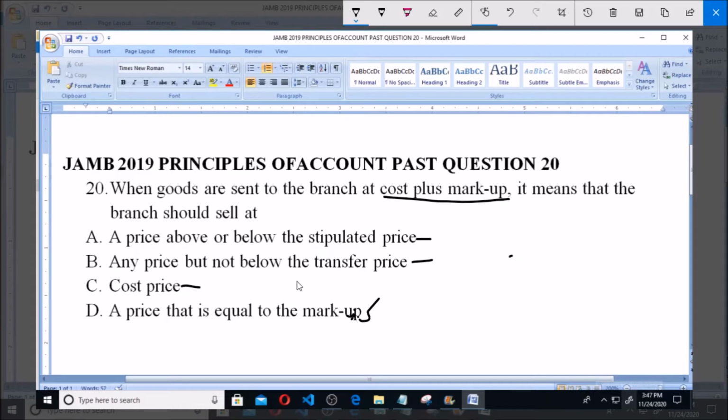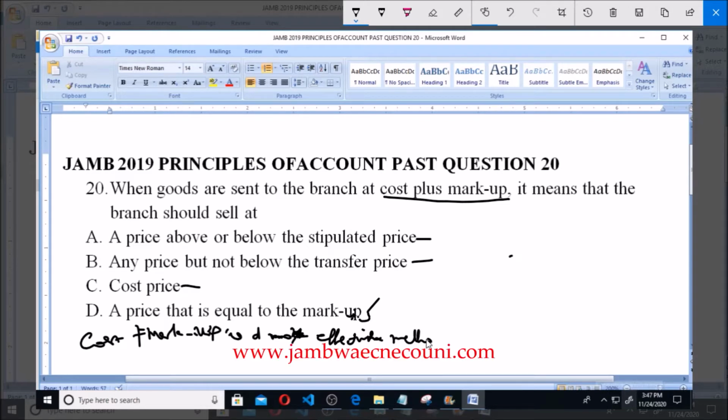Now, cost plus markup. Cost plus markup is the most effective method of charging goods to the branch.